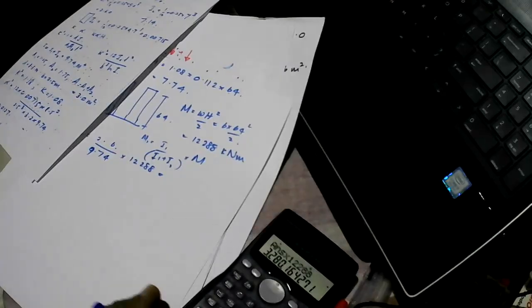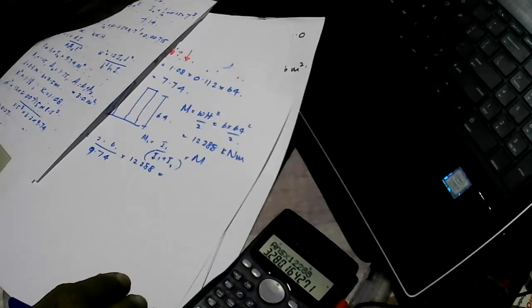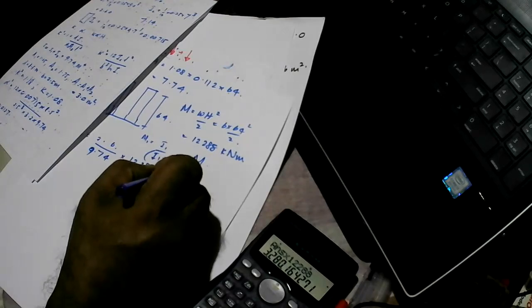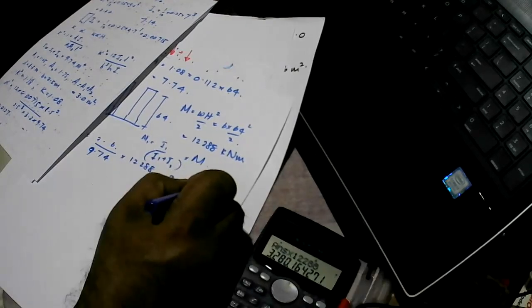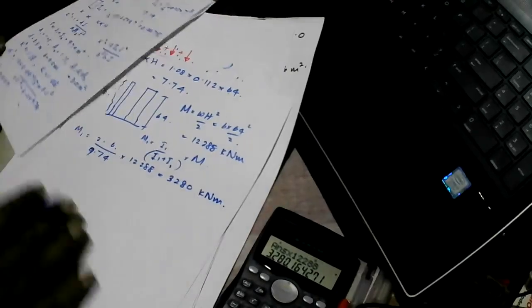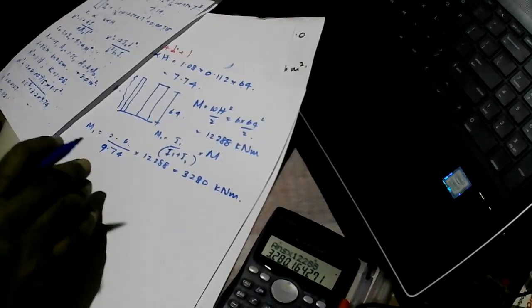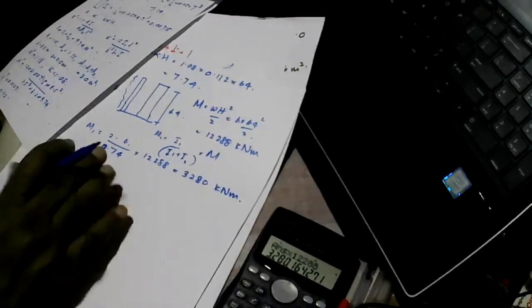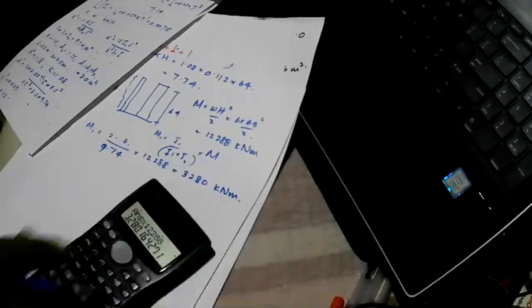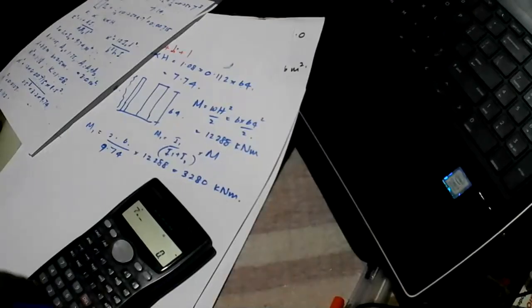You get 2.6 divided by 9.74 multiplied by 12,288, and you get 3,280 kilonewton meters as the bending moment carried by M1, and M2 is 7.14 divided by 9.74 multiplied by 12,288. That is a safer way of calculating these values.